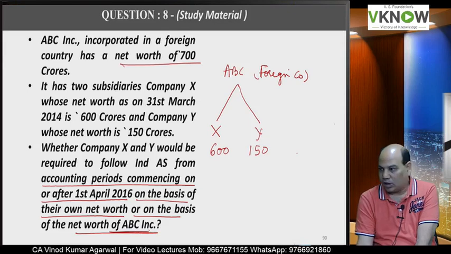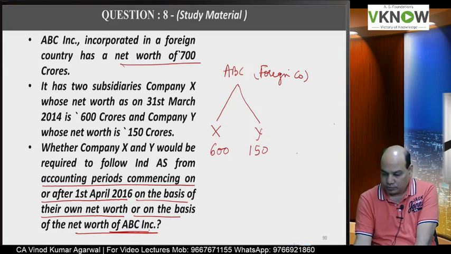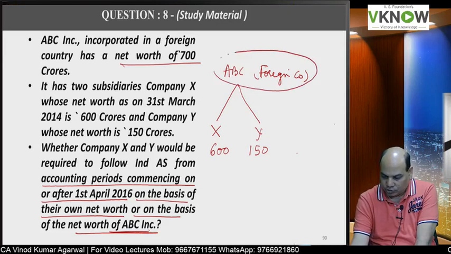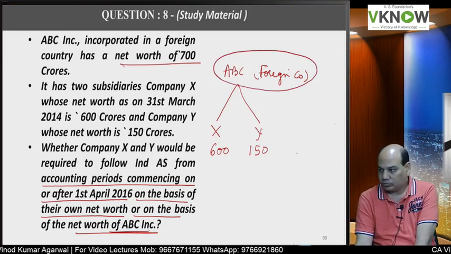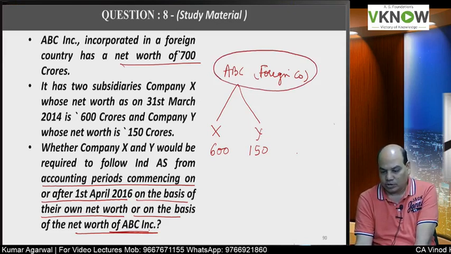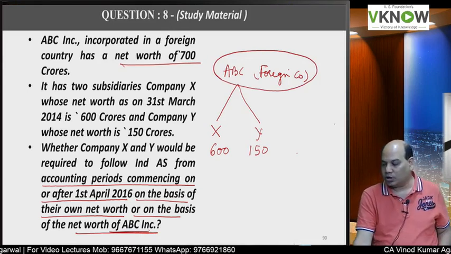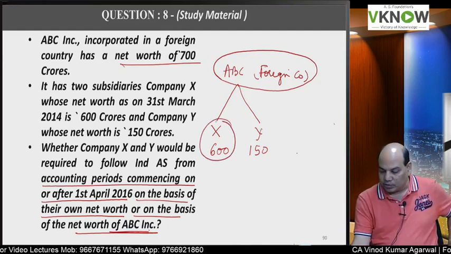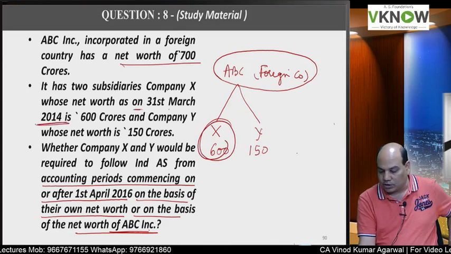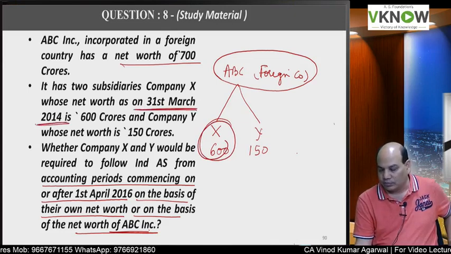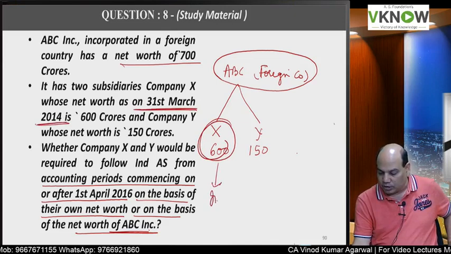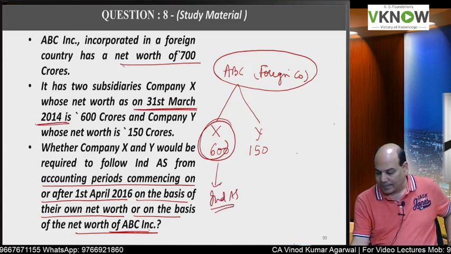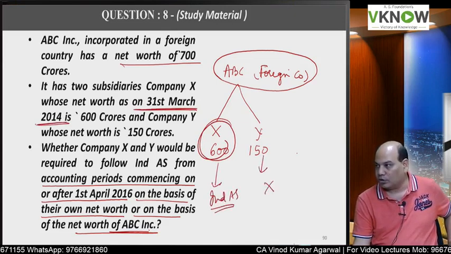You have to look at the standalone financial statement first of all, and secondly, Ind AS is not applicable to foreign company which are incorporated in a foreign country. They do not fall under Ind AS. So only X Limited, whose net worth is more than 500 crore on 31st March 14, this will follow Ind AS, and Y is not required to follow Ind AS.